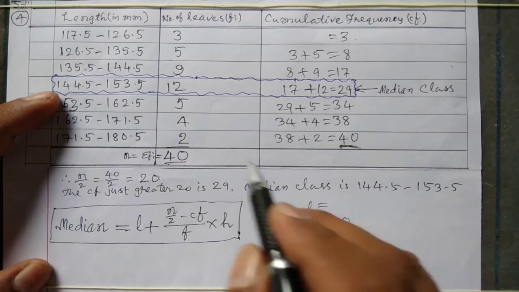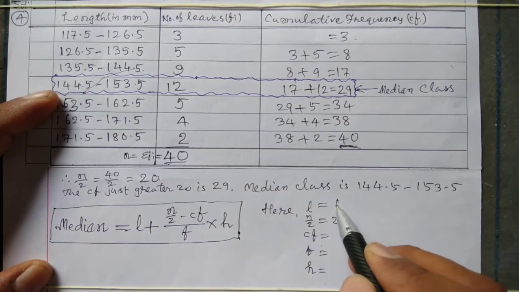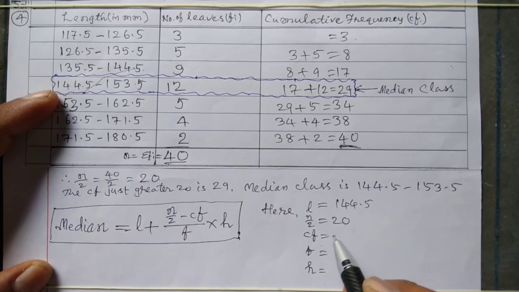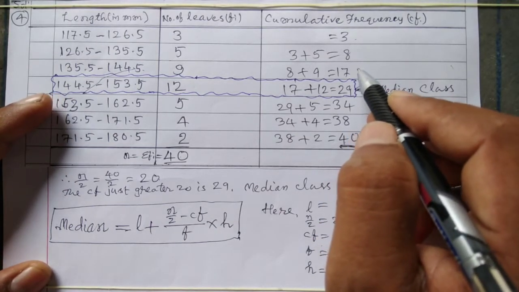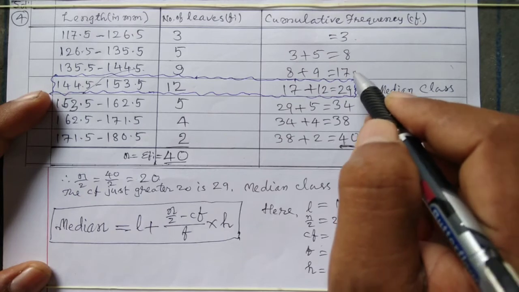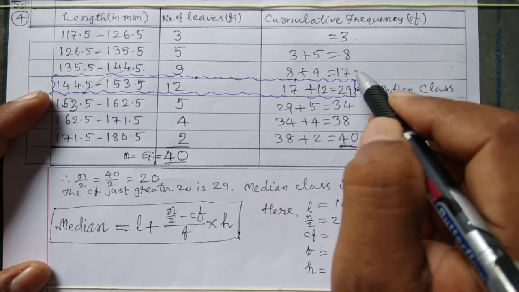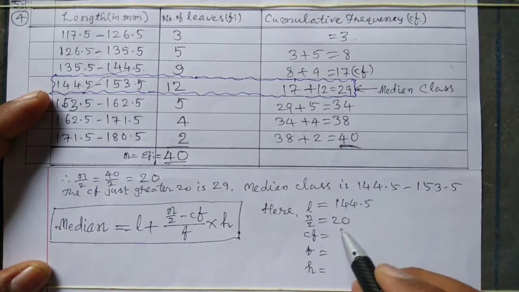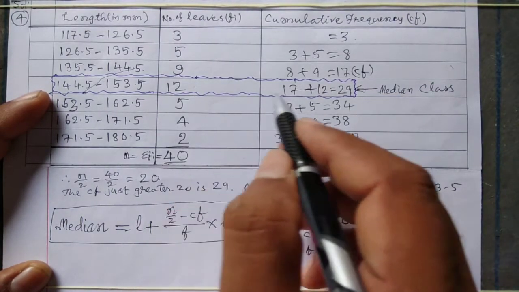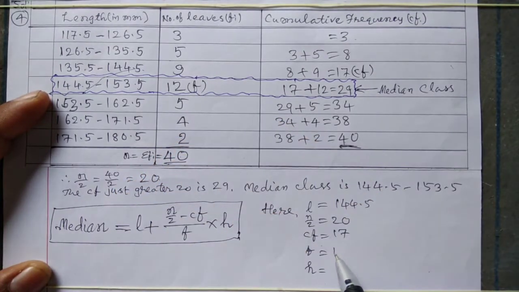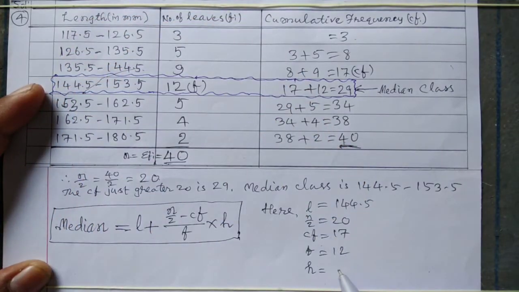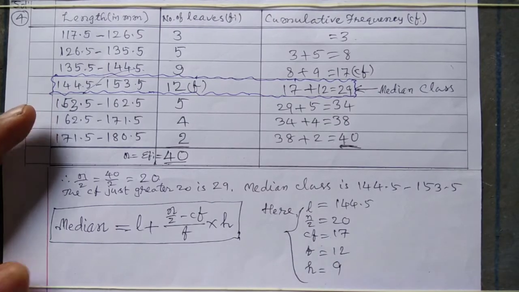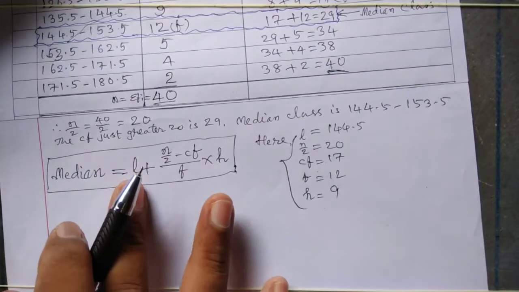L is the lower boundary, so 144.5. CF, the cumulative frequency of the class before the median class, is 17. f, the frequency of the median class, is 12. H, the height of the class, the difference of the upper and lower limits, is 9. Using these values, we can find the median by substituting in the formula.